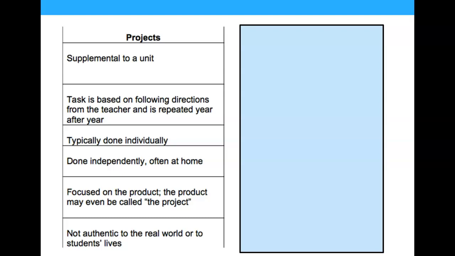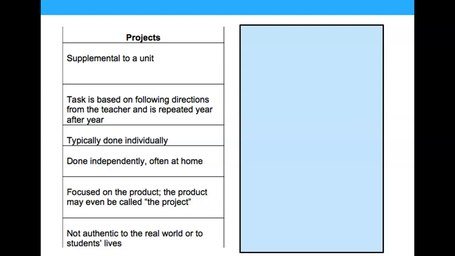It is focused on the product and is often called your projects are due. We will talk about our projects, put your project over there, rather than it being this long-term sort of activity. And really, it's not authentic to the real world or to students' lives. So when you think about making a model of the solar system, what do students learn from making a model of the solar system?